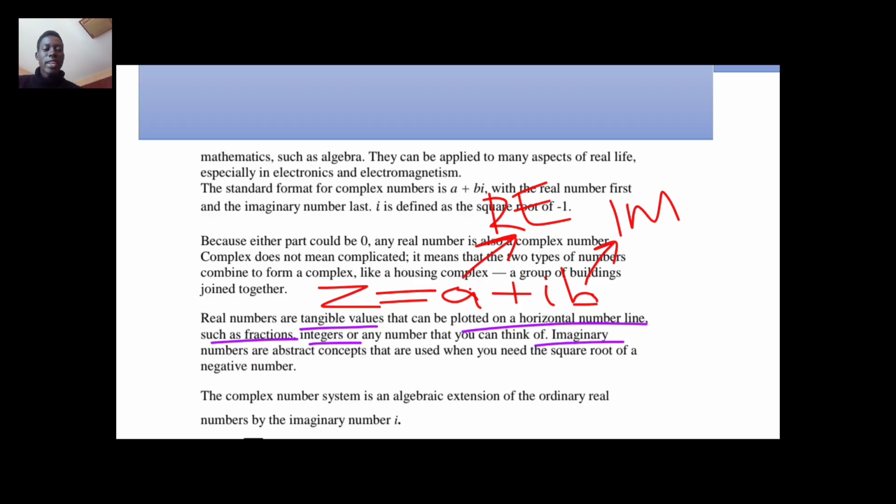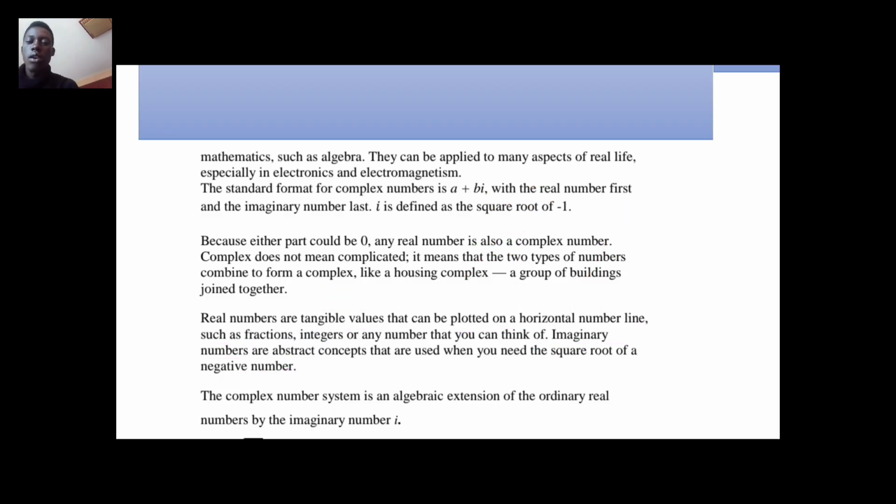Imaginary numbers are abstract concepts that can be used when you need the square root of a negative number. You plot them on the vertical axis. When we draw two lines, the horizontal line and the vertical line, complex numbers are plotted in this coordinate plane.